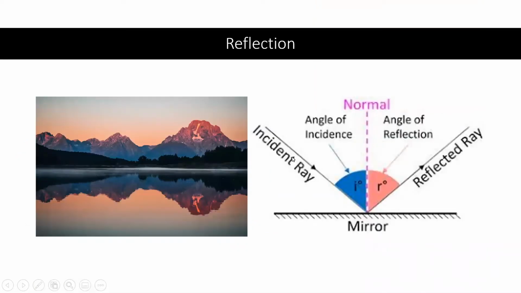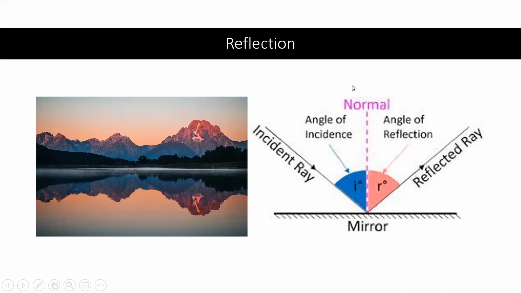Okay, we'll talk a little bit about reflection and refraction. So reflection, okay, all forms of light, all forms of the EM spectrum, can reflect. So you see here, there's a perfect reflection of the mountains in the lake. This is a diagram, so the incident rays are here, and this is a mirror, a scientific way of drawing a mirror. So the incident ray comes in, and that's a reflected ray.